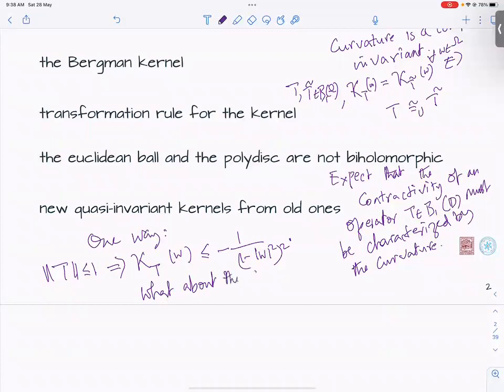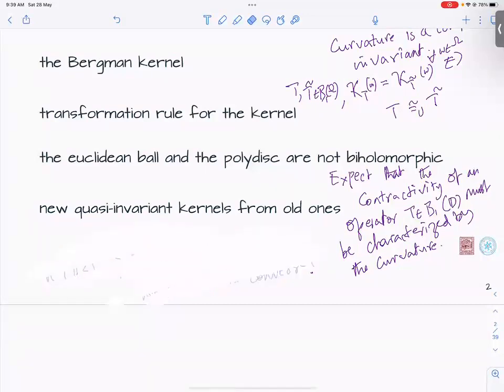If you have such a curvature inequality, then does it follow that T is a contraction? Now that's a very serious kind of open question. Partial answers are known, but there is really no characterization yet of contractivity purely in terms of curvature. So that's something that those of you who want can think about.